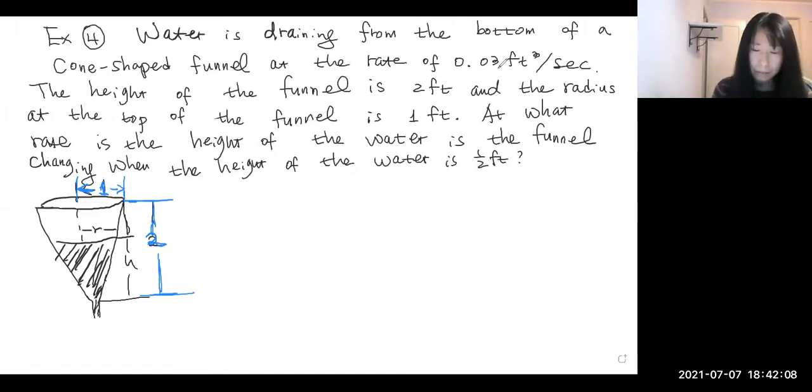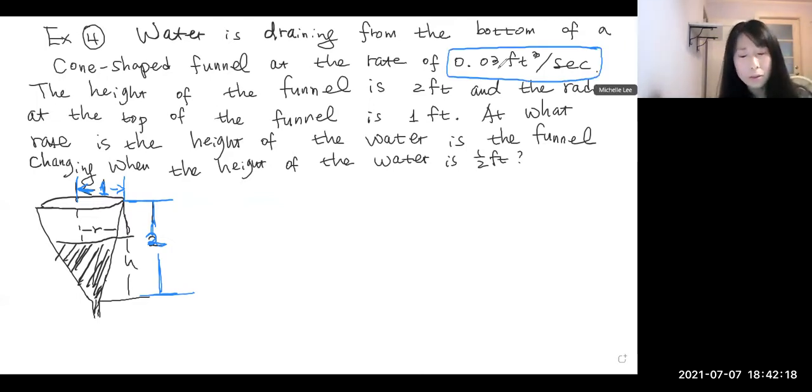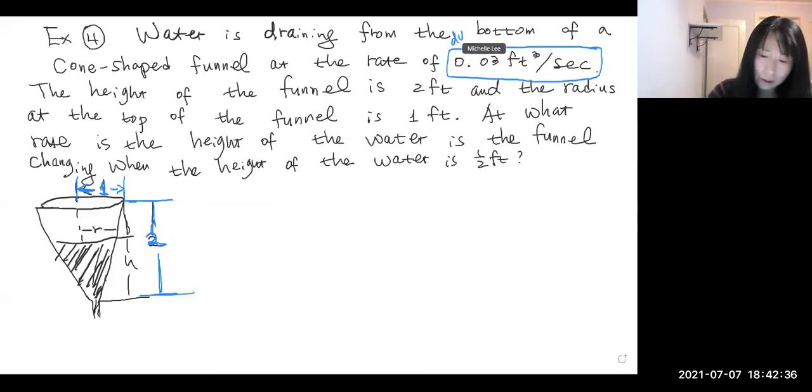Okay, so let us read this one. And what is it telling us? Now we know what this is, right? What is that? If we don't know, we can use dv over dt. So we can look at the unit, right? So this is dv over dt.